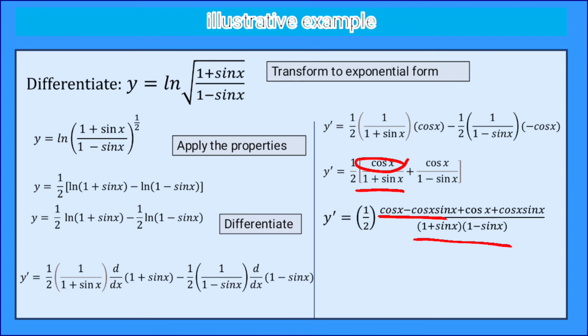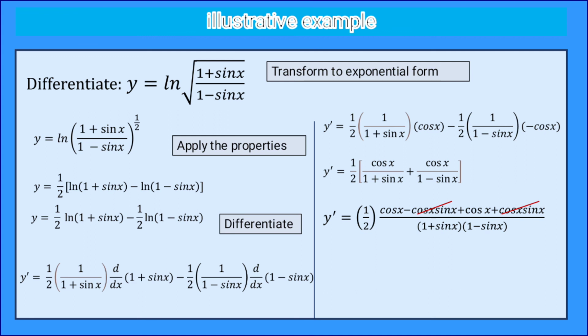Then plus, again use this denominator: 1 plus sine x times 1 minus sine x divided by 1 minus sine x is 1 plus sine x. And 1 plus sine x multiplied by cosine x gives us cosine x plus cosine x sine x. And since we have a positive and a negative cosine x sine x here, we can just cancel them.